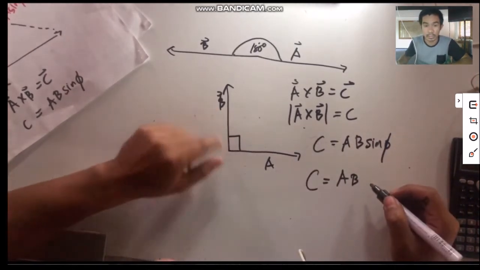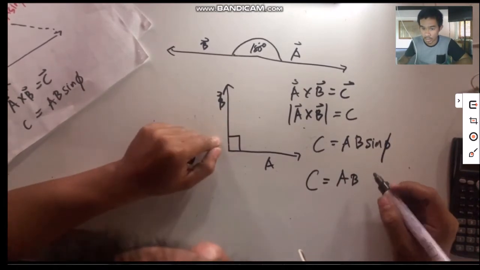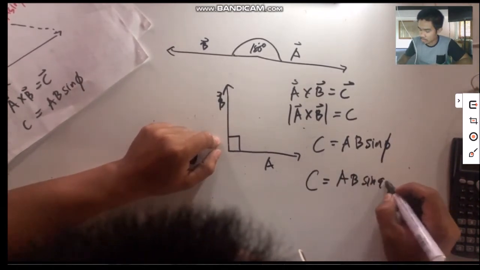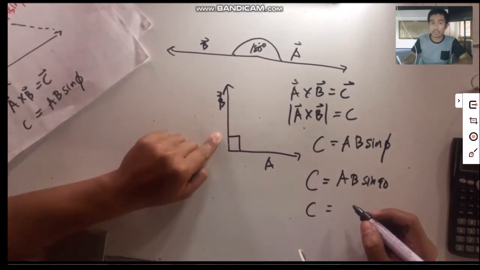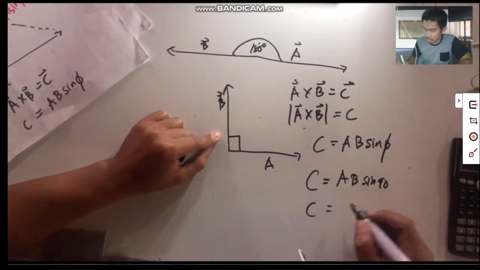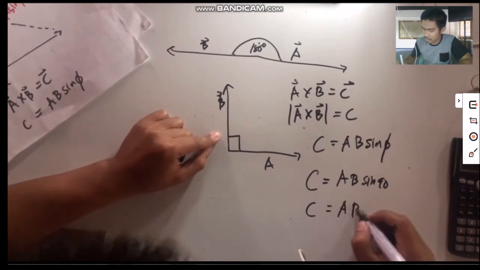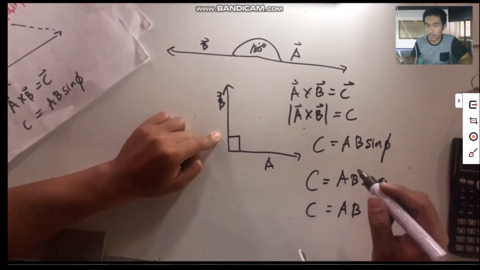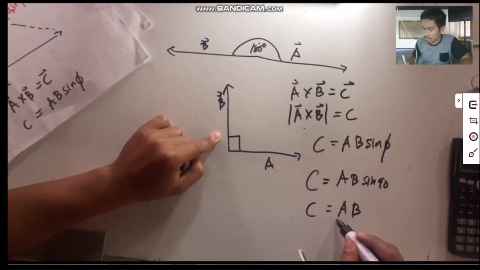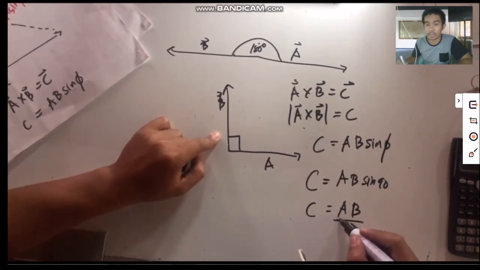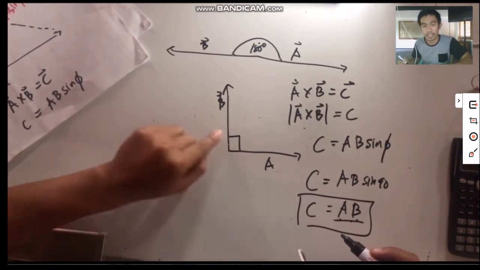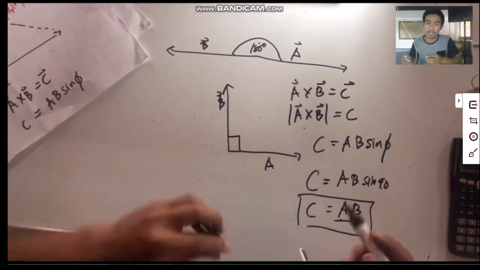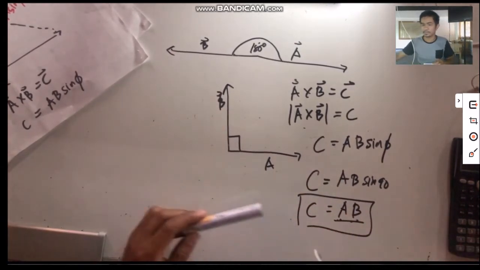Since these two vectors are perpendicular to each other, sine 90 is equal to 1. So if two vectors are perpendicular to each other, the magnitude of the product vector is the product of the components, the component of A and the component of B, if and only if these two vectors are perpendicular.